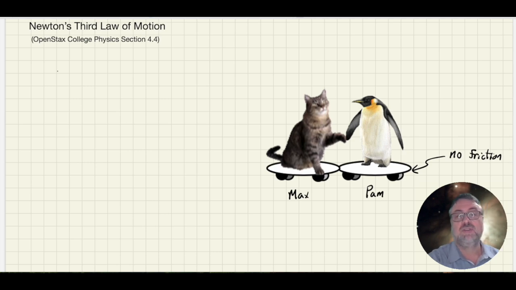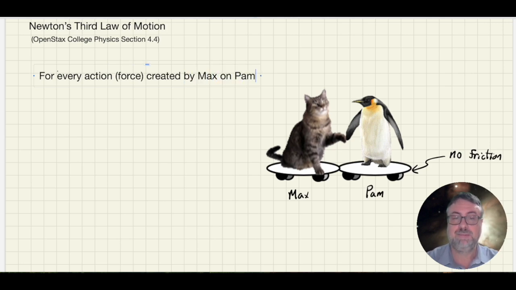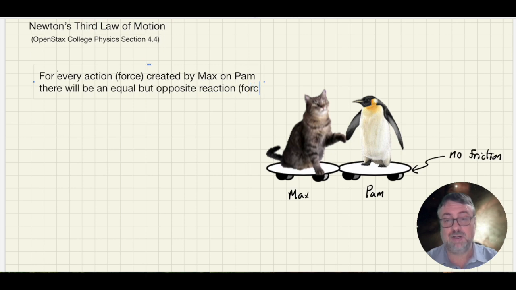According to Newton's third law of motion, for every action, that is a force created by Max on Pam, there will be an equal but opposite reaction. Again, that is a force on Max from Pam.